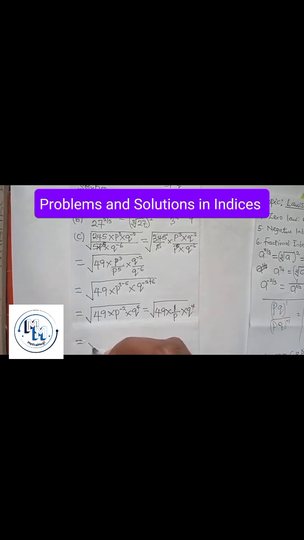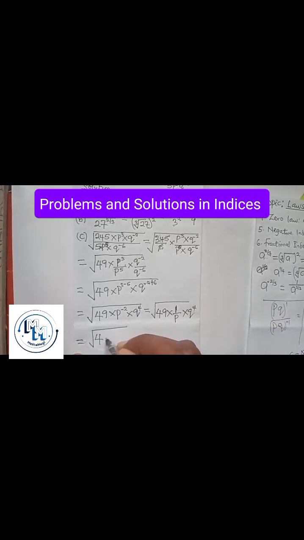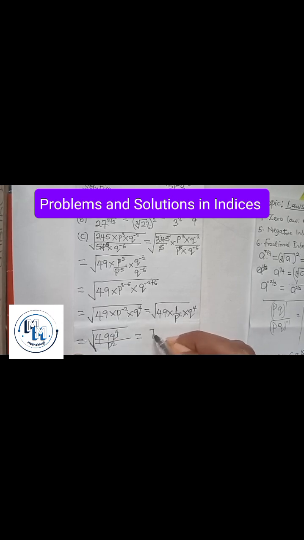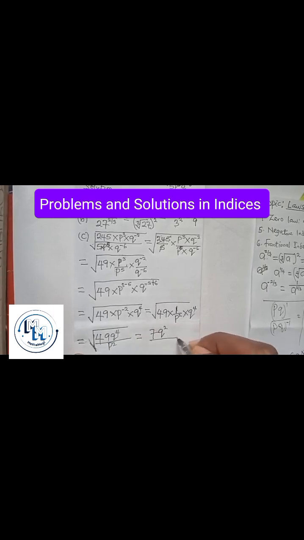So in all, we are going to have the square root of 49 times 1 is 49, times q power 4, over p power 2. Now square root of 49 is 7. If I actually take the square root of q power 4, is that okay? I will have q power 2 all over.